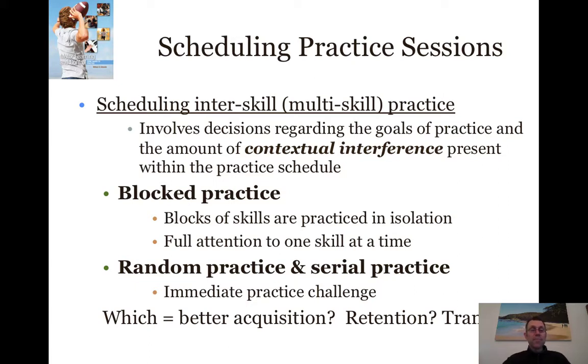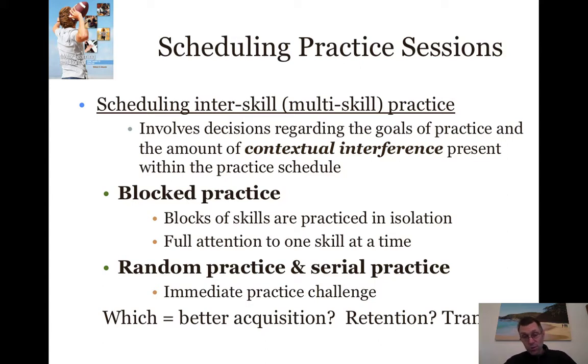So we have 2 different ideas for how to practice this multi-skill situation. Block practice, where we take one of the 4 skills and practice only that one, and then we practice the next skill, and then the 3rd one, and then the 4th. So all 4 skills are practiced separately from the others.